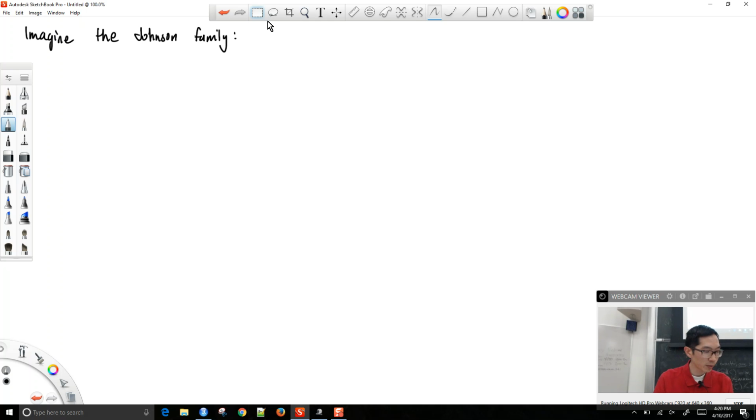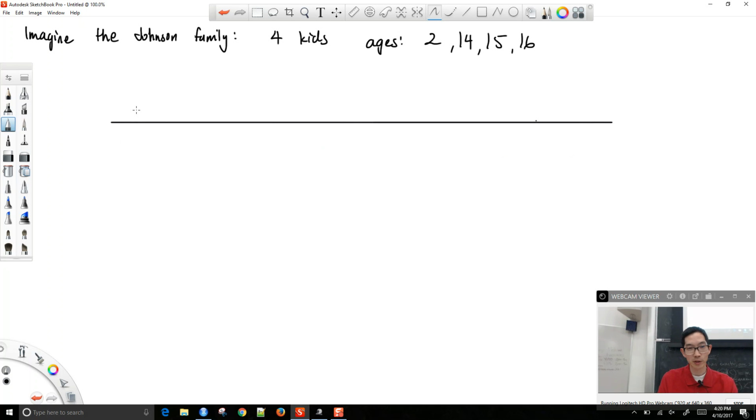The Johnson family has, we'll say, 4 kids, and the ages go in reverse order. 16 is the oldest, then there's a 15-year-old, a 14-year-old, and the youngest is 2. We can make up a backstory for how this happened.